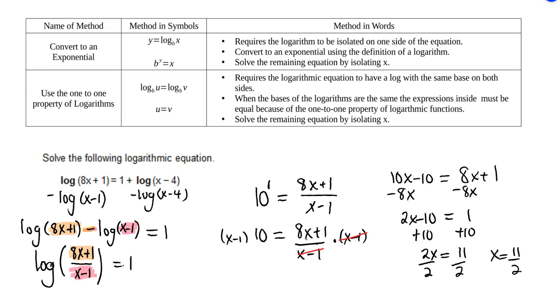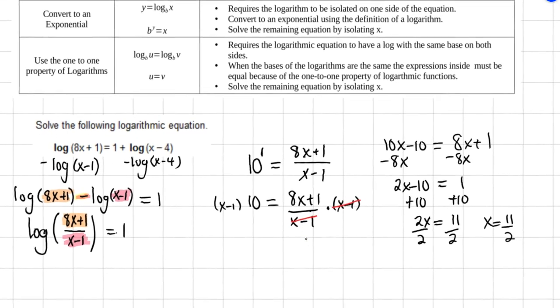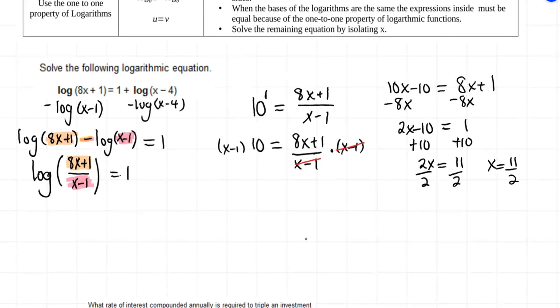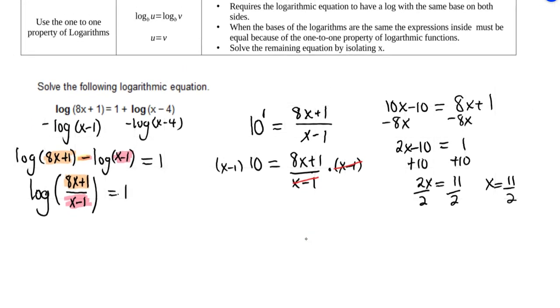Now, with every log equation, you should check to make sure that you don't have any solutions that wouldn't work in the original equation. So I'm going to check x equals 41 over 2.